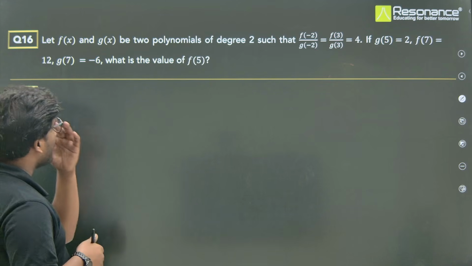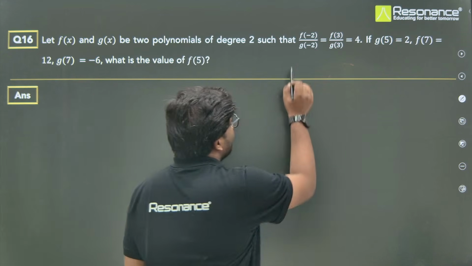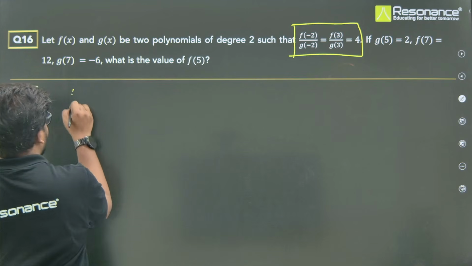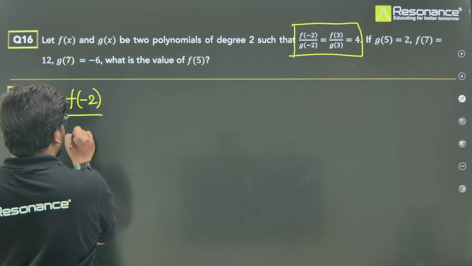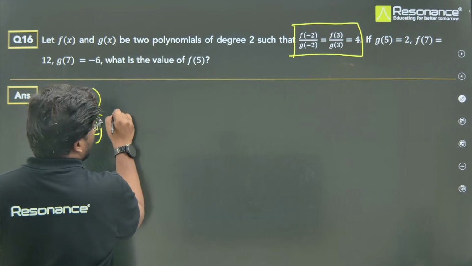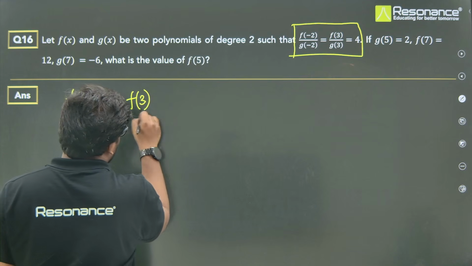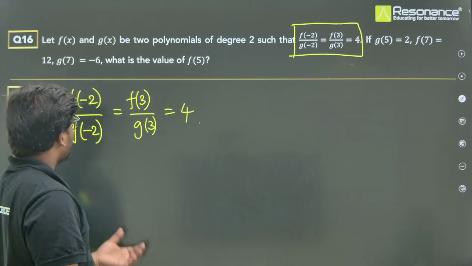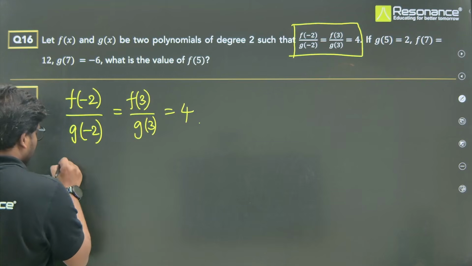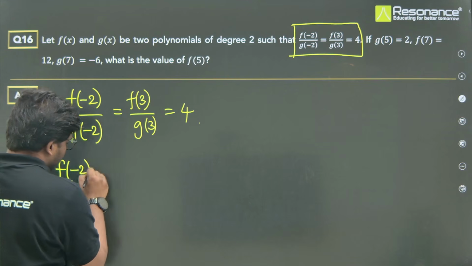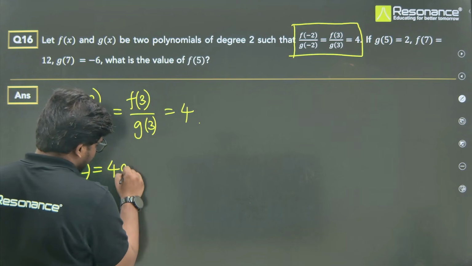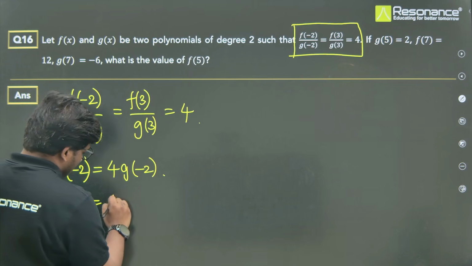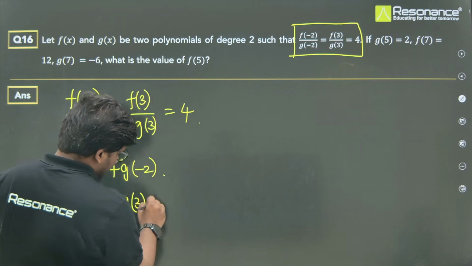Alright, before we get into all that, what is the primary piece of information we have? The primary piece of information we have is this. f(-2)/g(-2) is f(3)/g(3), and the ratio is 4. So separating the equalities, we have f(-2) is 4g(-2). f(3) is 4g(3), right?